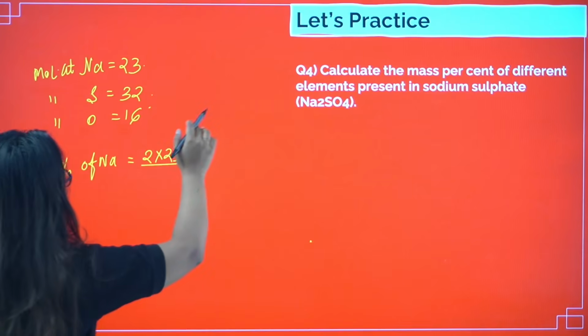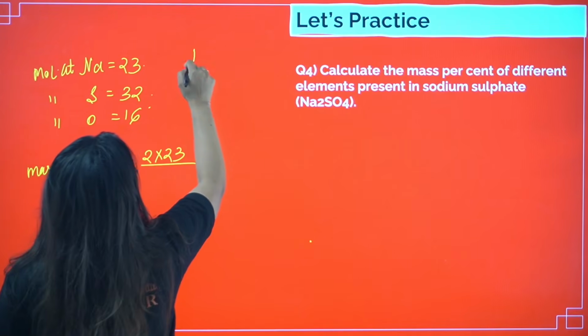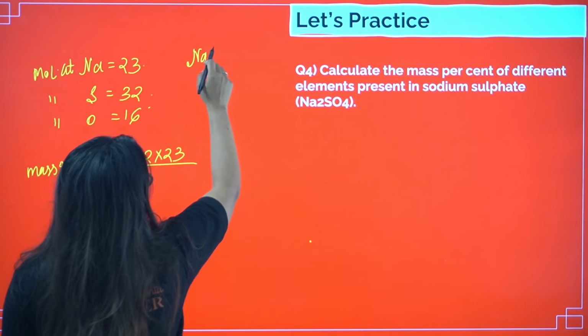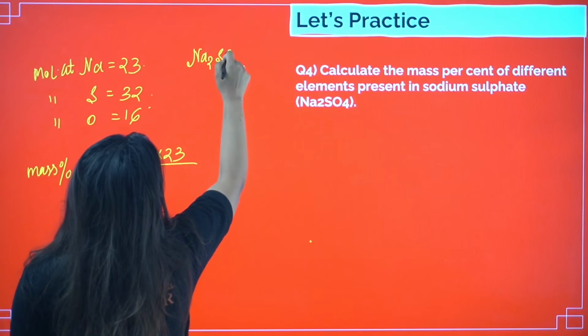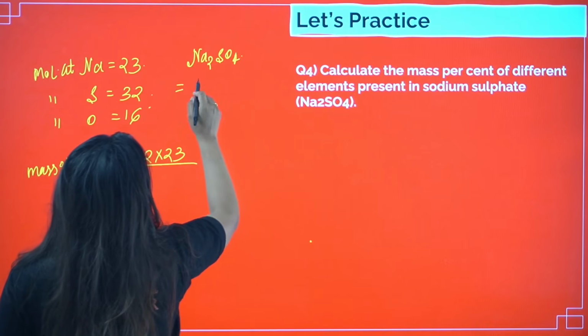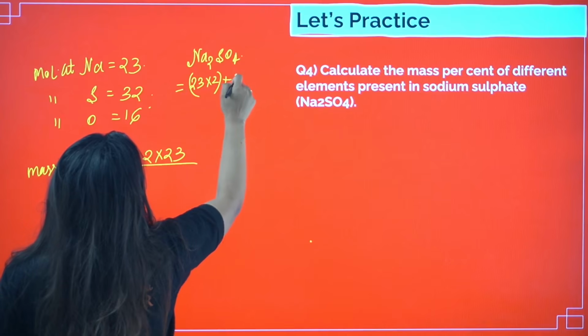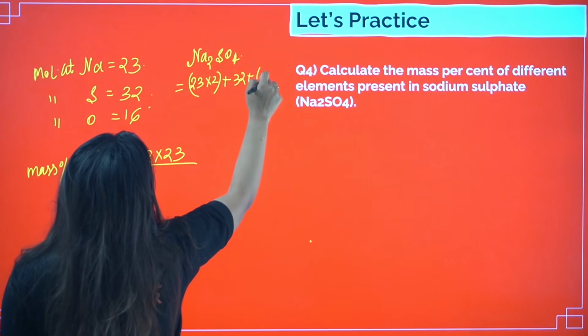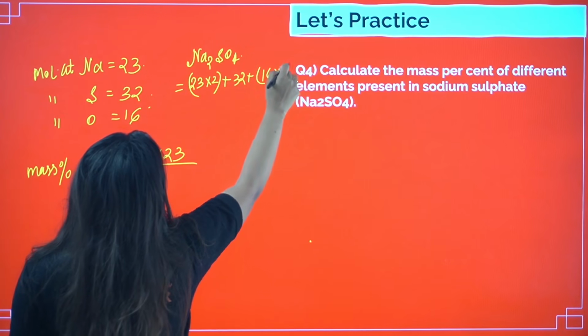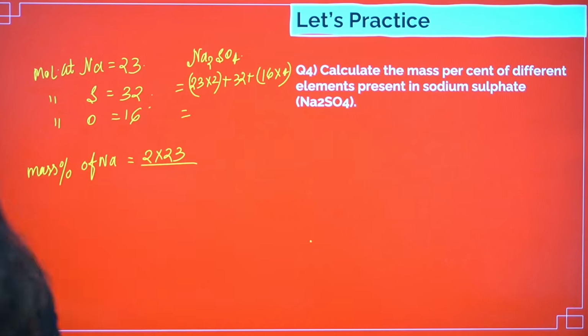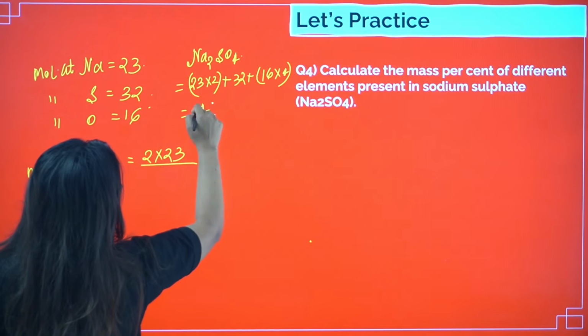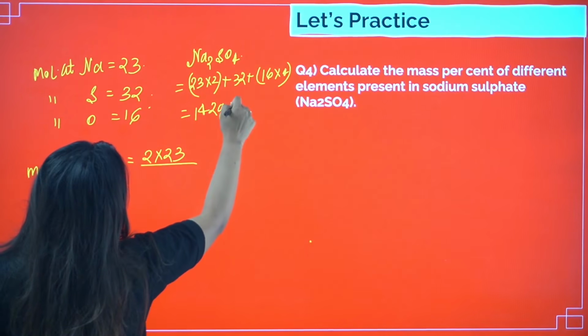The molecular weight you have to calculate. Let me just calculate the molecular weight of sodium sulfate, Na2SO4. So molecular weight is going to be 23 into 2 plus 32 plus 16 into 4. If you calculate this, your molecular weight comes almost 142 gram per mole.